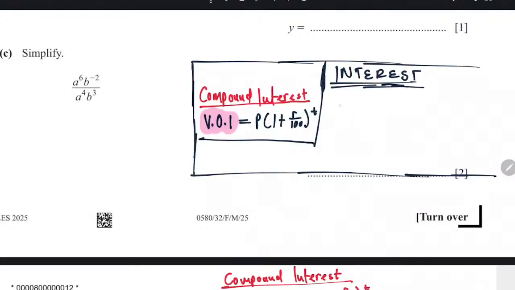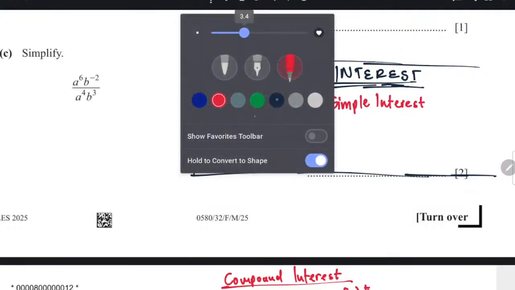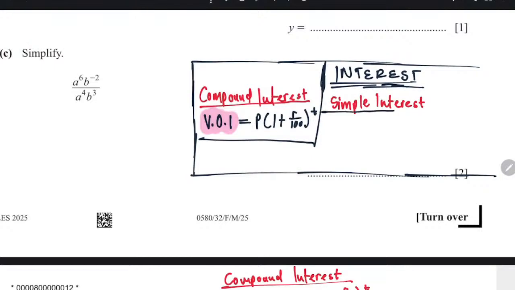When you see the word simple interest, then you don't say value of investment. The formula we have for this one is: interest is equal to principal times rate over 100 times time.